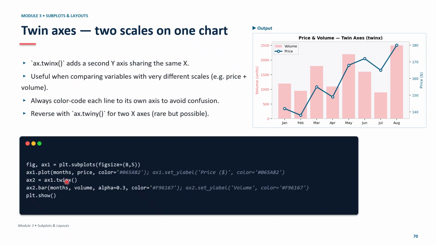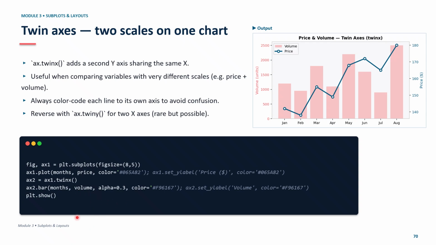You can see here in the code, the twinx method helps you create a new axis that shares the x-axis with ax1 but has its own independent y-axis on the right side.